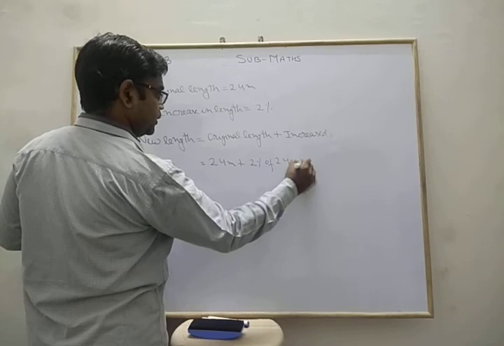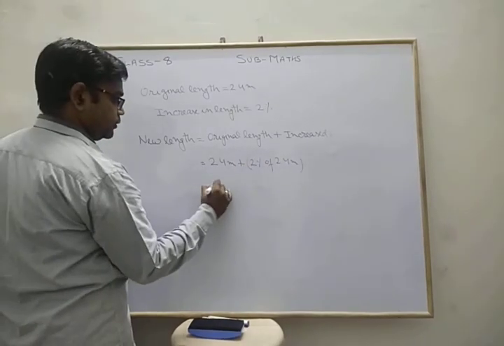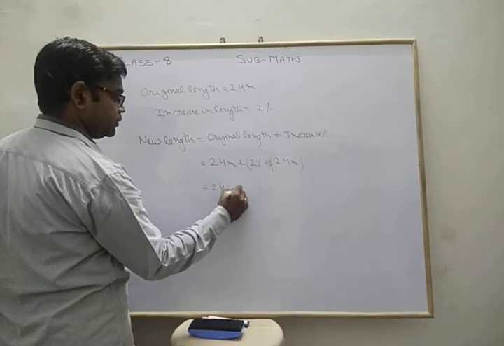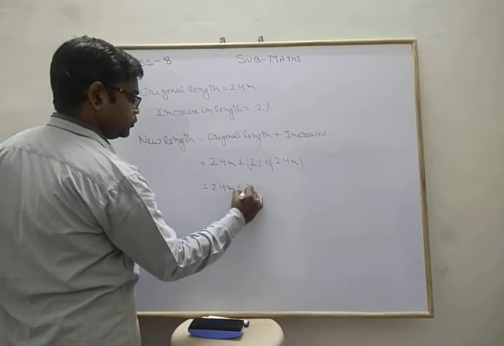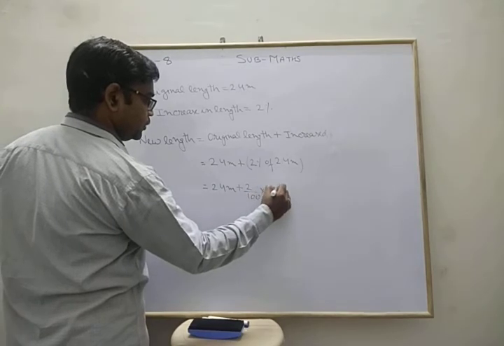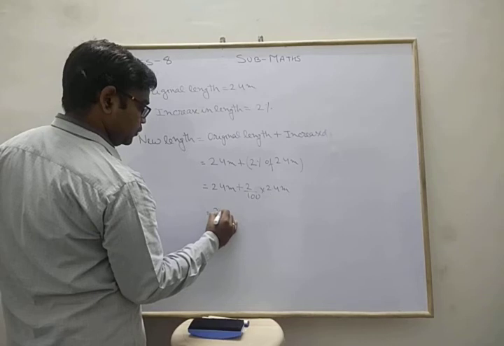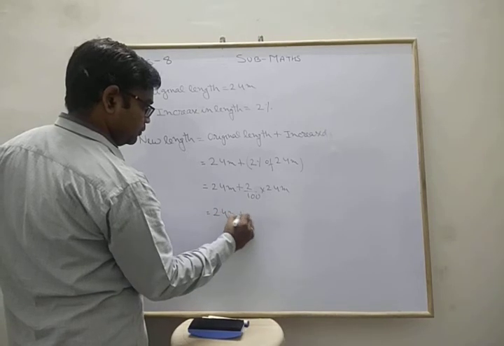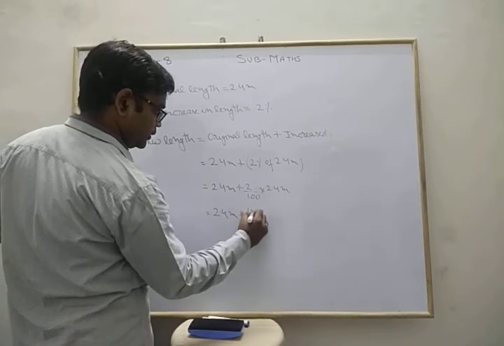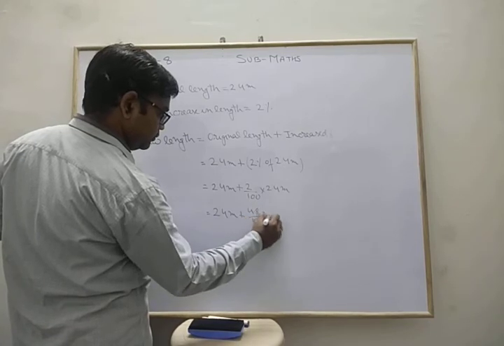This is the increase. We solve this: 2.4 meter plus 2 upon 100 into 2.4 meter, which is 2.4 plus 4.8 upon 100 meter.